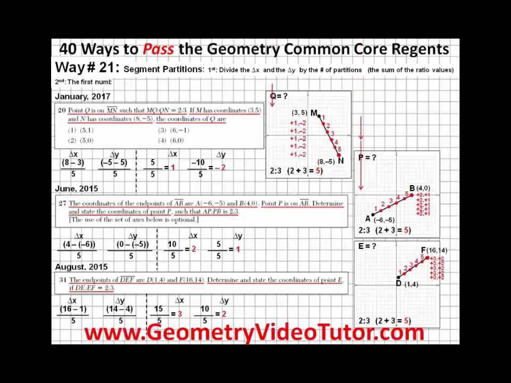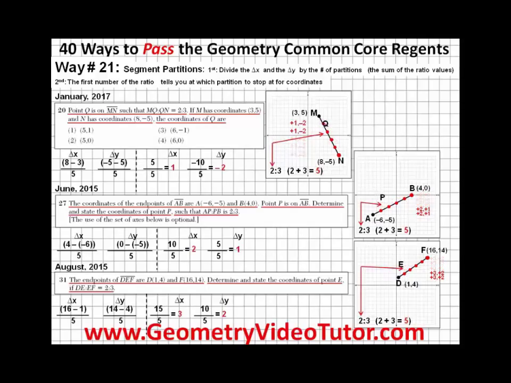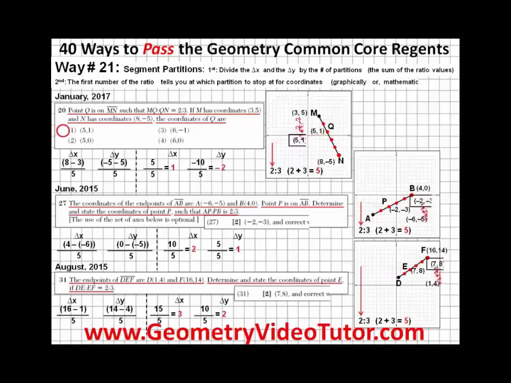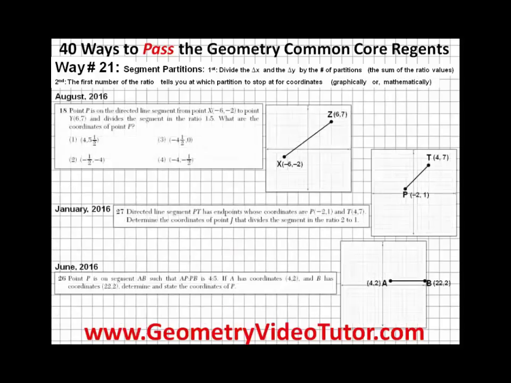The first number of the ratio tells you exactly at which partition you should stop and what the coordinates for the point will be, either graphically or mathematically. And yes, even if the ratio is not 2 to 3 or does not add up to 5, the method of finding the coordinates for a point on the line is the same.